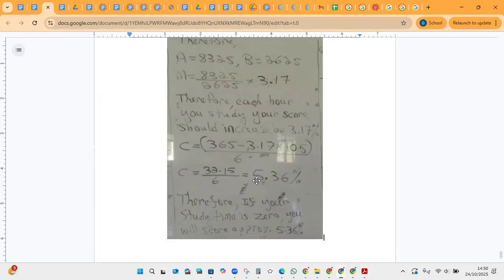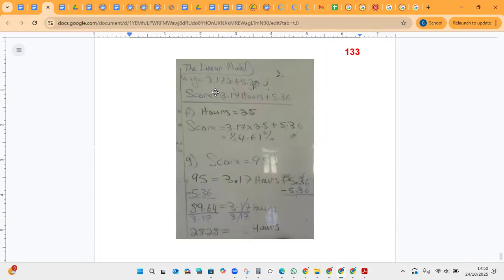Basically, there are two values that must be inserted into the model, and here it is: y is equal to 3.17x plus 5.36. Here we know what y is and what x is. In pure maths, x and y are normally used for variables that have no particular name, but here this is applied.